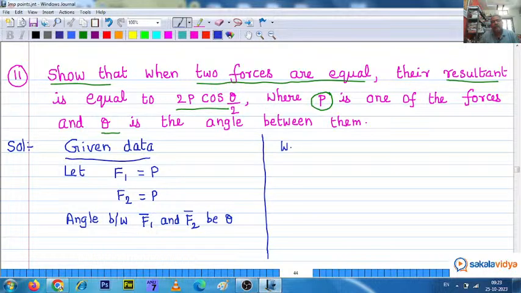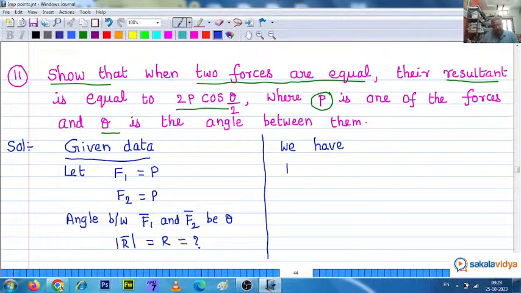Now we have the magnitude of the resultant force. We need to find the modulus of r bar, and we need to prove that it equals 2p cos theta by 2.